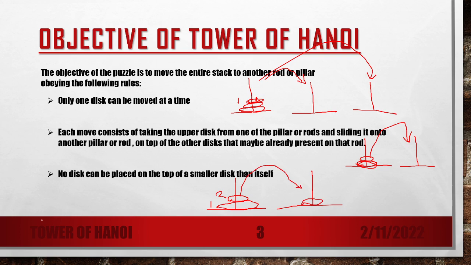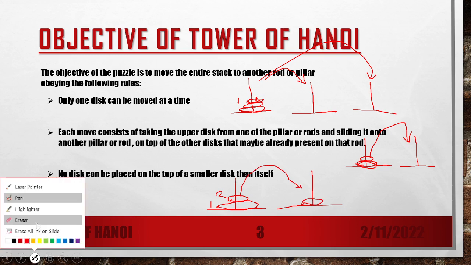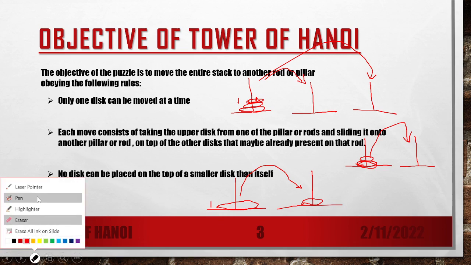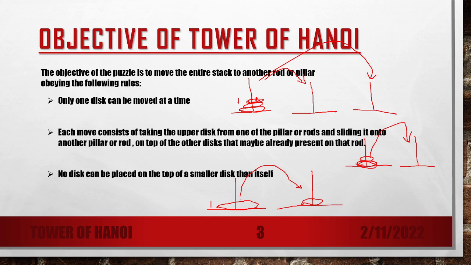Now in the first pillar, if we remove this, in the first pillar we have a bigger one and we have a smaller one. In the second pillar we have a smaller one. So we cannot move this big disk on top of this pillar. So we cannot do this. This is our third rule. Only the small element can be put on top. So this is our last rule for this game or puzzle.